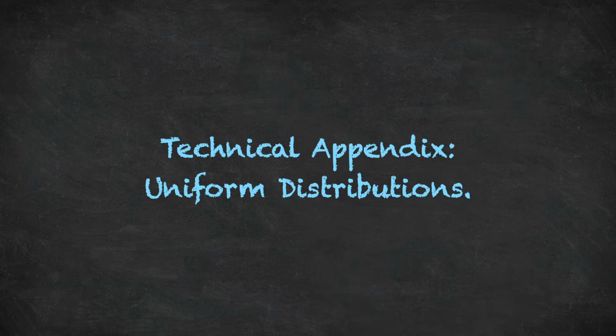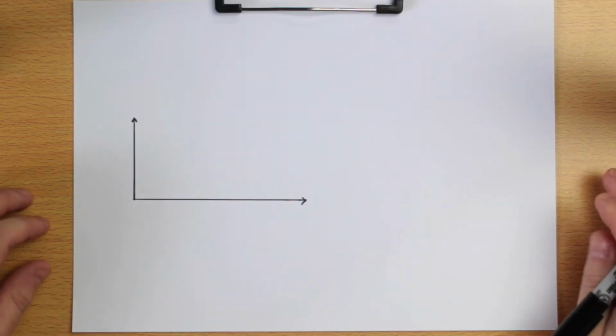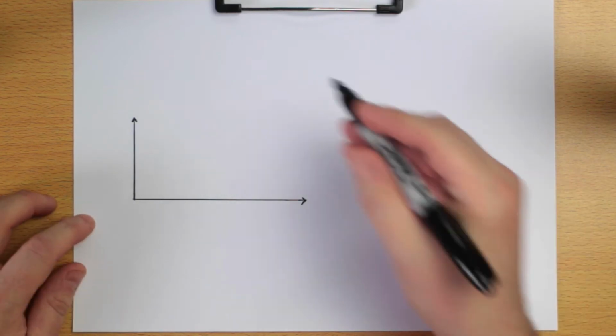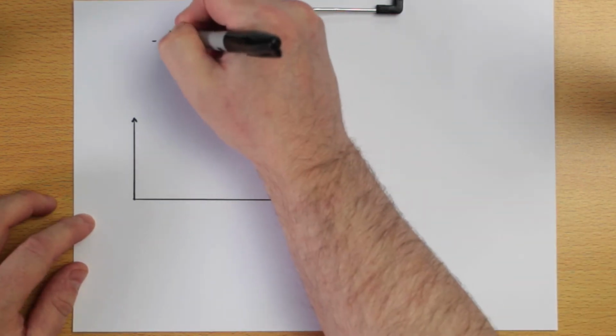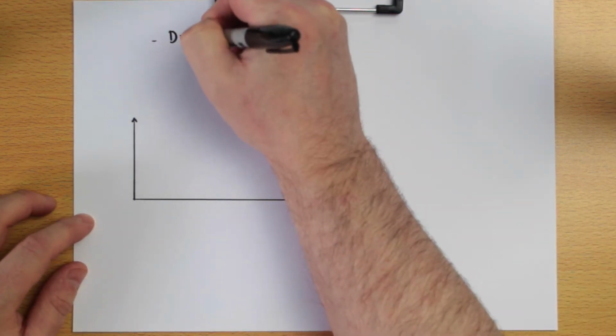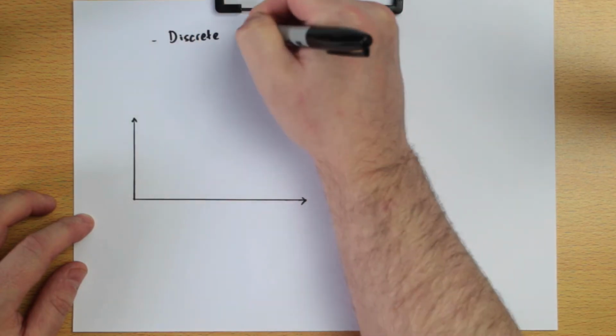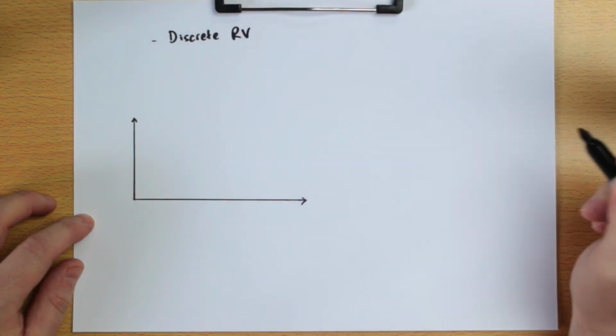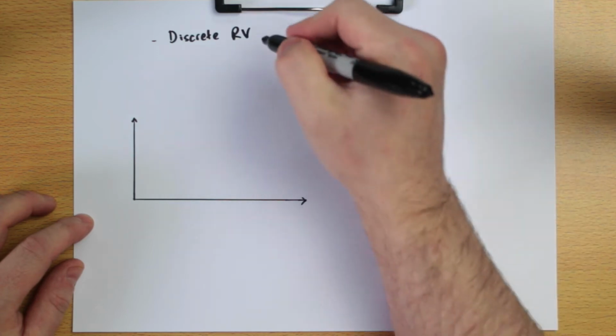Okay, so so far in the course, when we've worked with lotteries and so on, we were talking about random variables that only take finitely many values. Okay, so we might call this a discrete or even a finite or simple random variable.